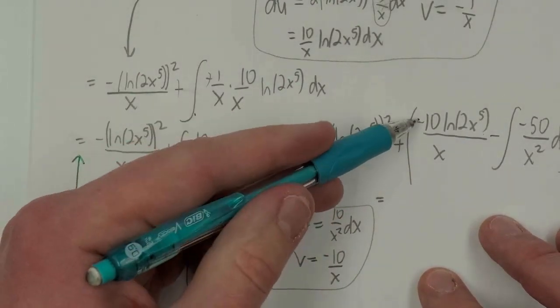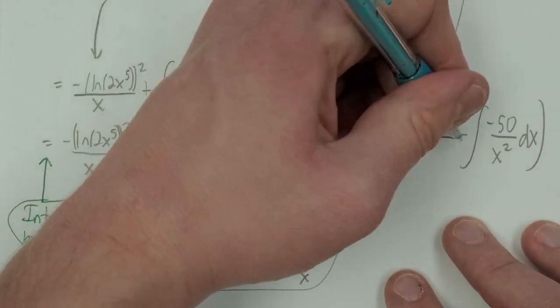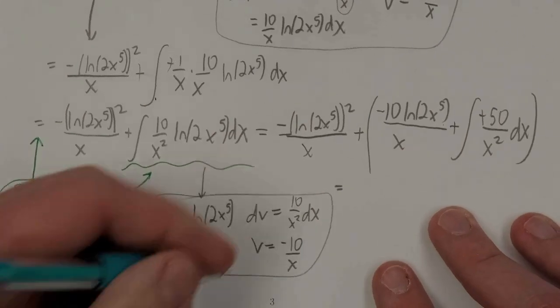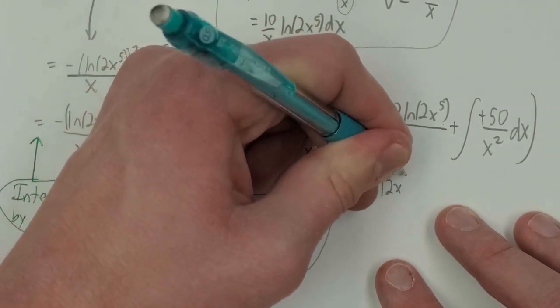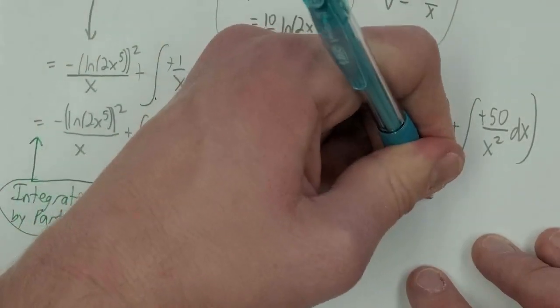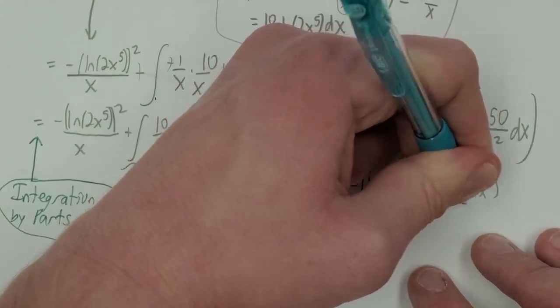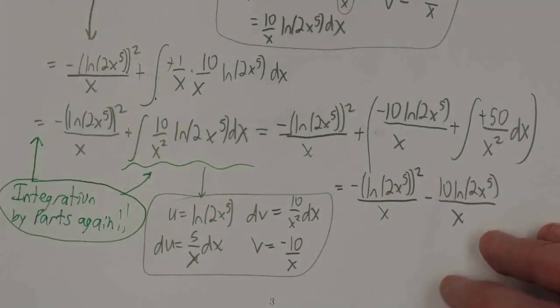So here we have just a negative on this term, so not much we can do with that. And then here we just have two negatives that cancel each other out nicely. So at the end of the day, we have negative natural log of 2x to the fifth, quantity squared over x, then minus 10 times natural log of 2x to the fifth over x. And then lastly, we have the antiderivative of 50 over x squared.